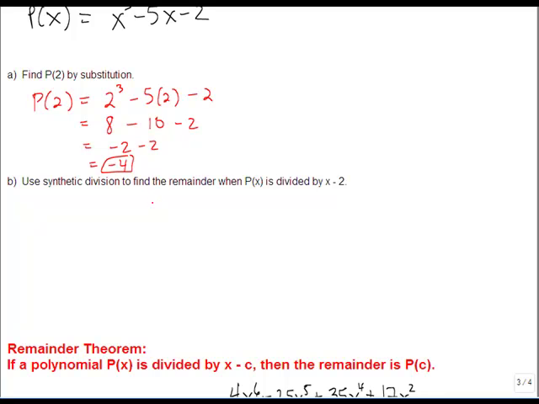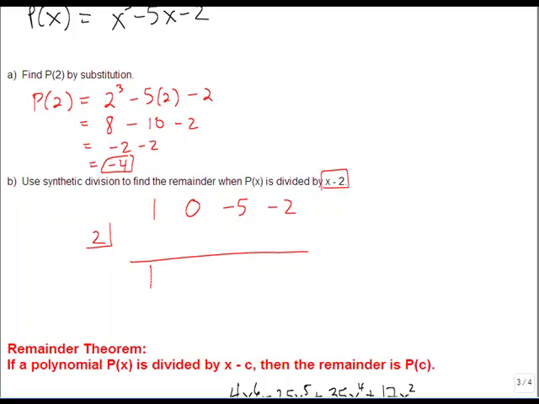So my coefficients are going to be 1 for the x cubed term, 0 for the x squared term, negative 5 for the x, and negative 2 for the constant. And since we're dividing by x minus 2, that's going to equal 0 when x equals 2. So the little number I want to put in my box is just a 2. So here's my setup.